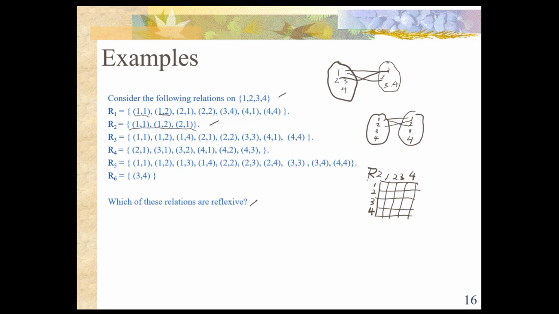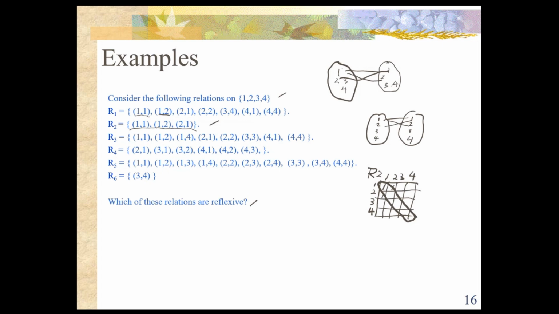I do the mapping: 1, 1, yes. 1, 2, 2, 1. Now regardless of how you do the plotting, the most important part of the matrix is the diagonal cells. So here you see 1, and then there are empty cells, right? These obviously indicate no relations. So this is not reflexive.